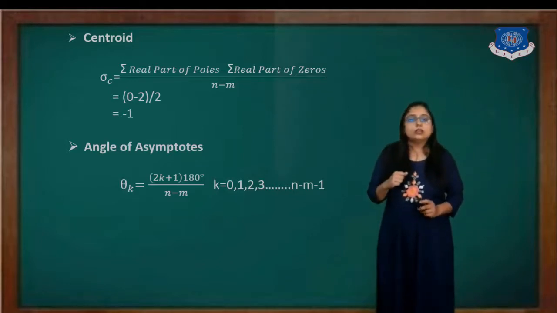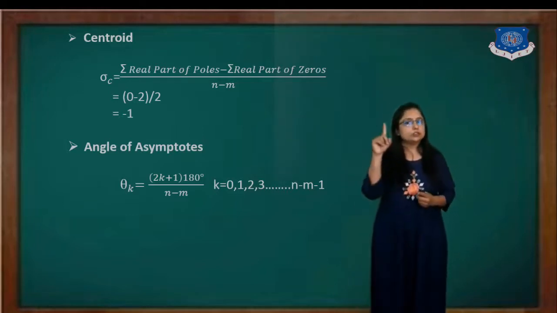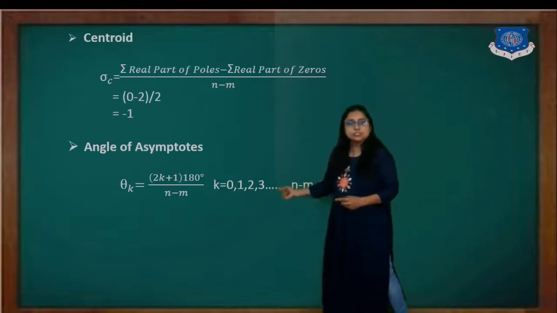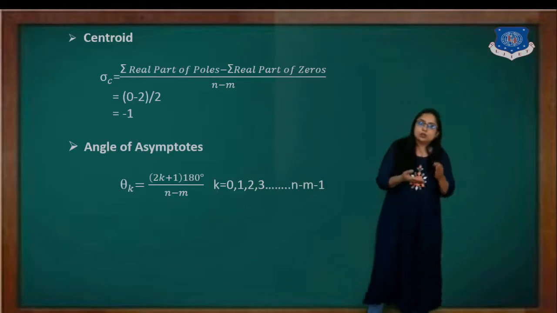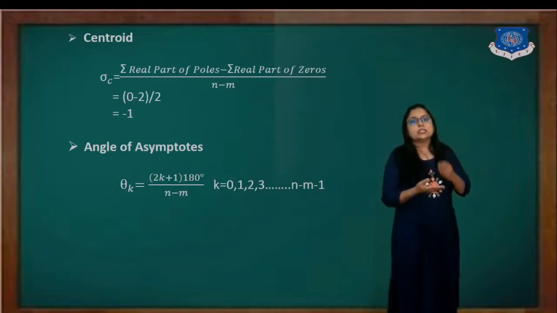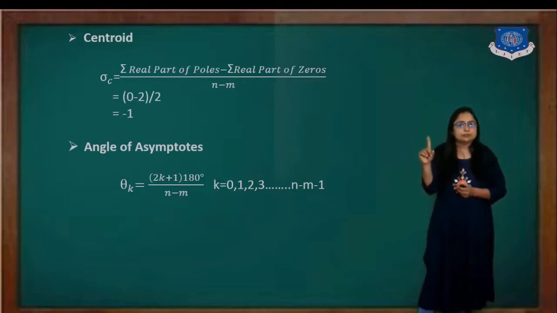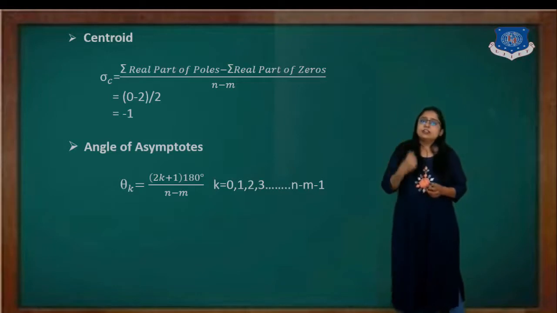M is 0. So 2 minus 0 minus 1 equals 1. So we will start the value of k from 0 and end at 1, because n minus m minus 1 equals 1. Alright, so we will get 2 angles.